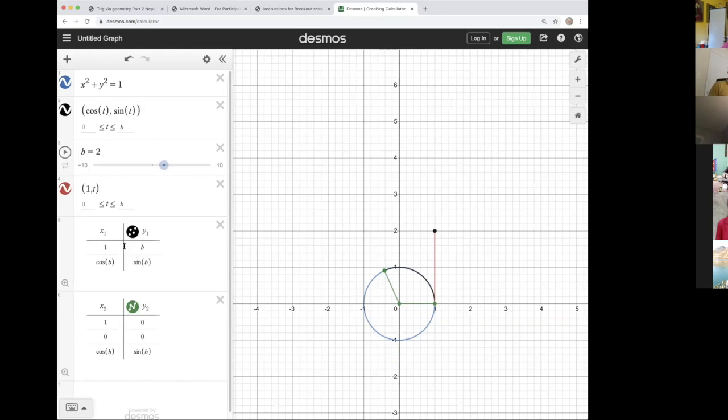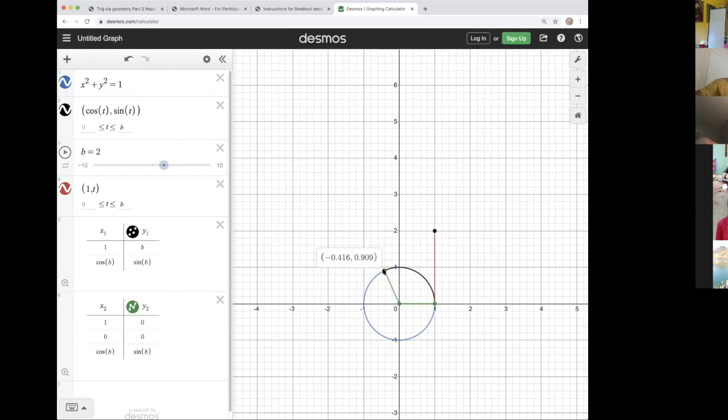And so these tables allow us to graph points. So the point 1, b, which is up here, is graphed because of this table. It's in black because this color is black. And the point on the unit circle, cosine b, sine b, whose particular coordinates we can get by clicking on that point.